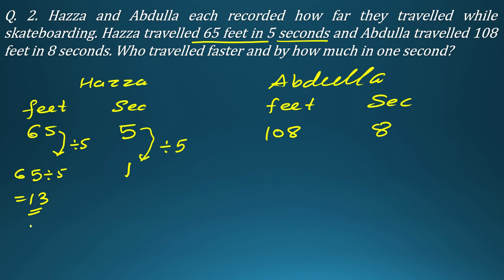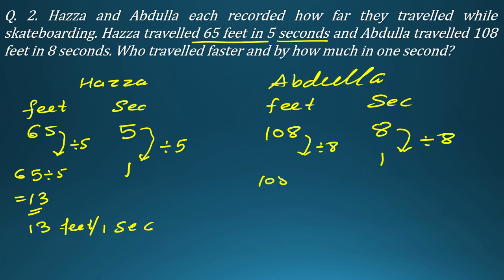If you want, you can write it like this: 13 feet in 1 second. Now what about Abdullah? Again you find for 1 second, so divide by 8. So 108 divided by 8 is equal to 8 ones are 8 and 2.